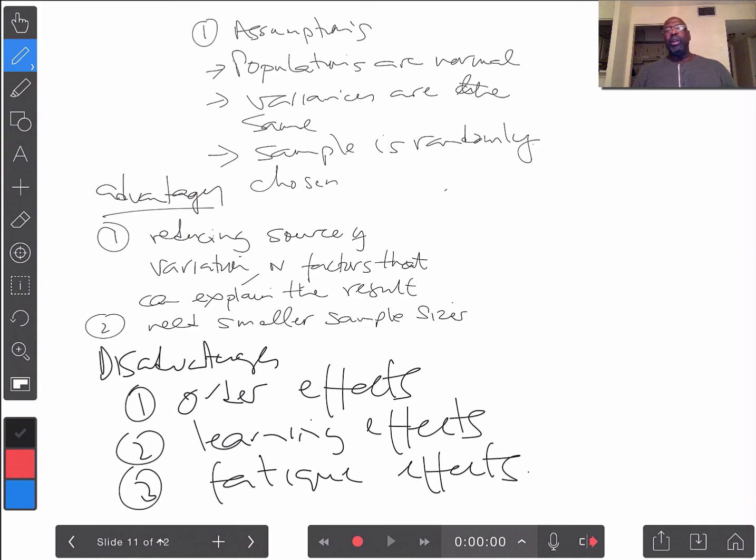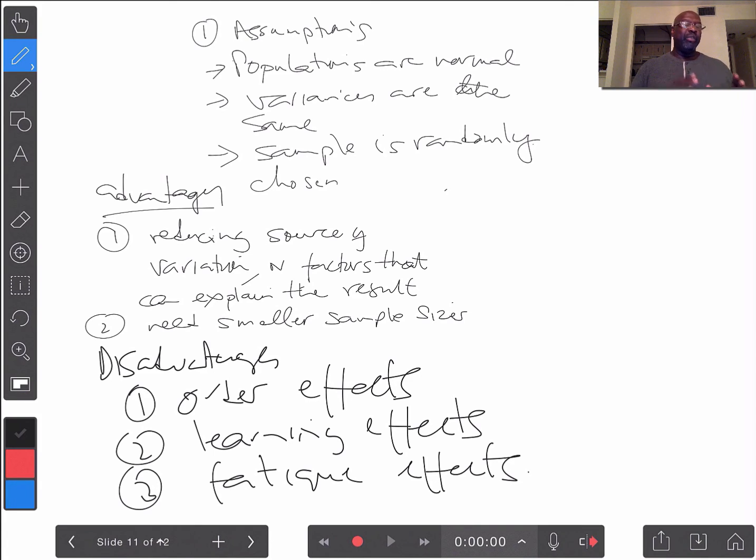So what are those? Order effects. So sometimes the order in which we do the experiment. So if we use gasoline 1, then 2, then 3, does that affect the performance of the car? Do we use 2, then 1, then 3? Does that affect the performance of the car? So that would be order effects. Learning effects. Is the car learning how to use the gasoline better as we change it? Maybe not. And then fatigue effects. The car getting tired as it repeats the experiment.